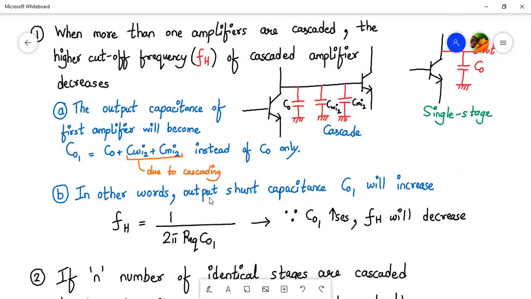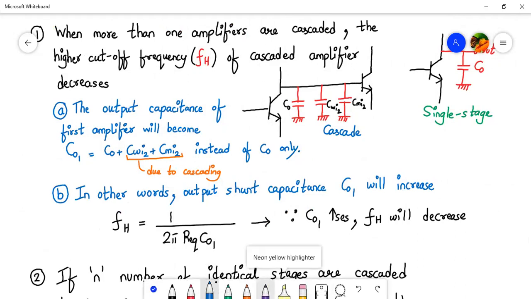In other words, the output shunt capacitance CO1 will increase. These additional capacitances were not present for a single stage.